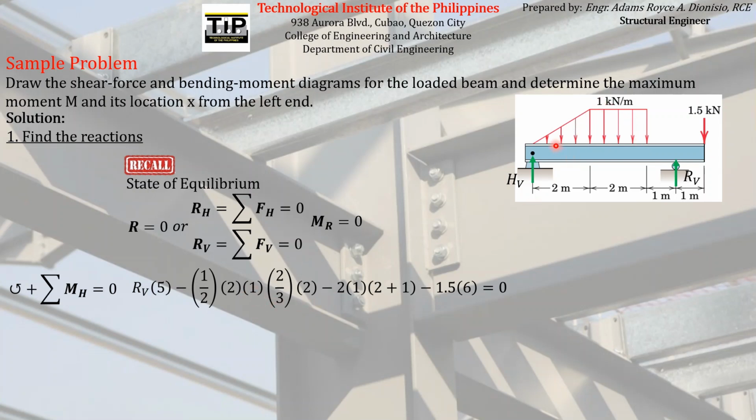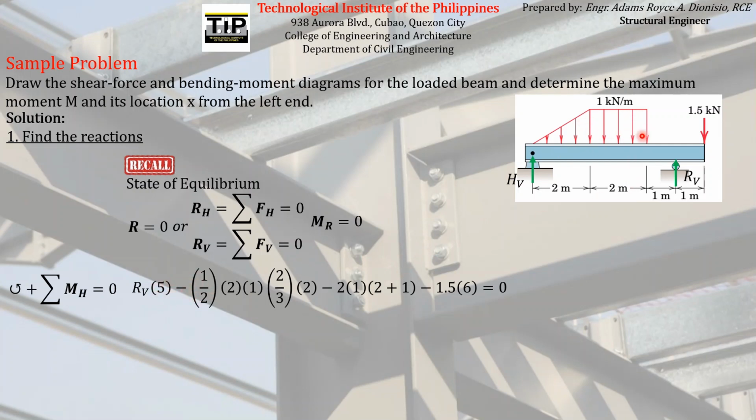And the moment arm, according to the figures of common shapes that I have presented before, the location of that resultant is just two-thirds of the base. And again, the direction of that moment is clockwise, so it must have a negative sign.